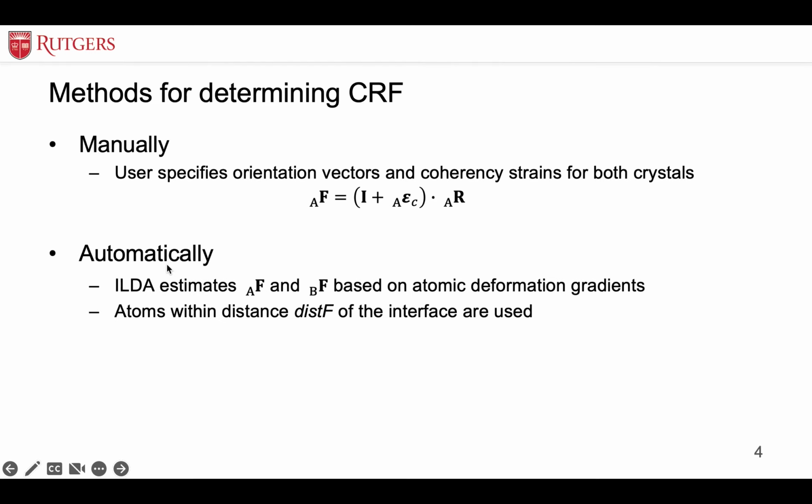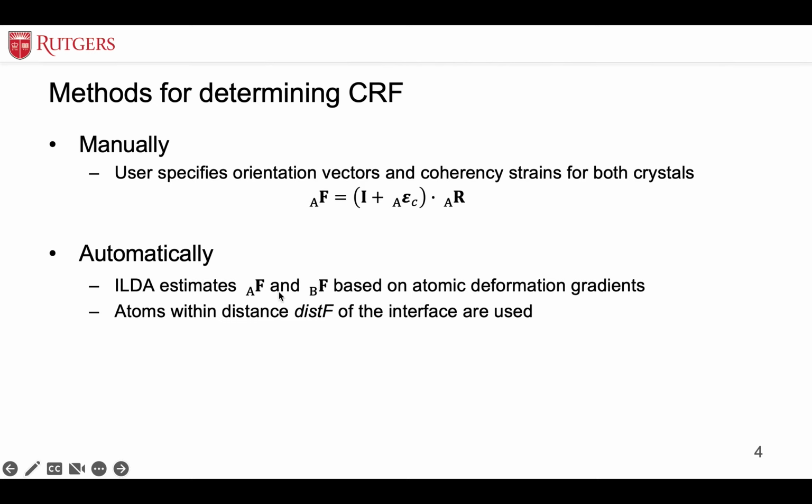In this automatic method, ILDA is estimating FA and FB based on atomic deformation gradients. It looks at all the atoms within a distance dist F of the interface, so it's only using atoms very near the interface. It computes the deformation gradient of each of those atoms, and then takes the average of all of those. That's what it uses to get FA and FB.